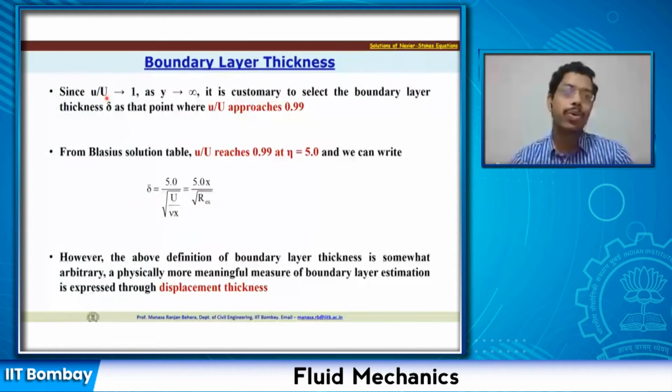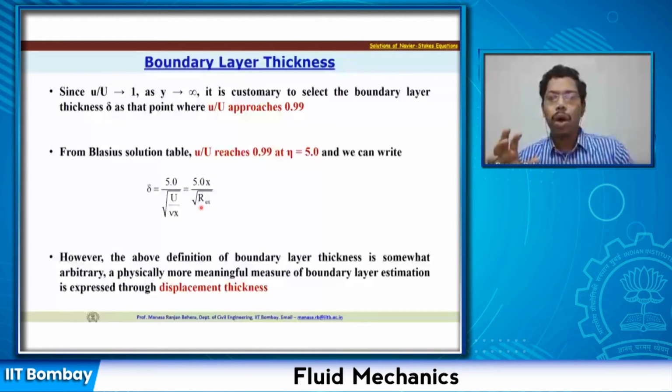Now, based on that, we could write delta equals 5x divided by root over Re_x. x is the distance along the plate. So from the leading edge of the plate to distance x, if we are measuring the boundary layer thickness, then it is going to be 5x divided by square root of Re_x, and Re_x is nothing but your Reynolds number at distance x.